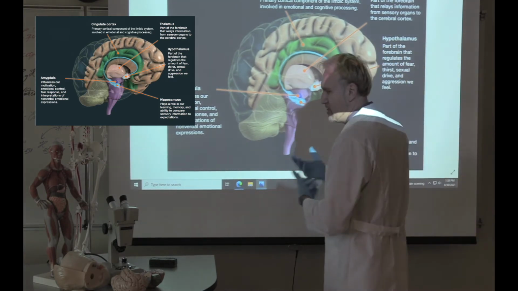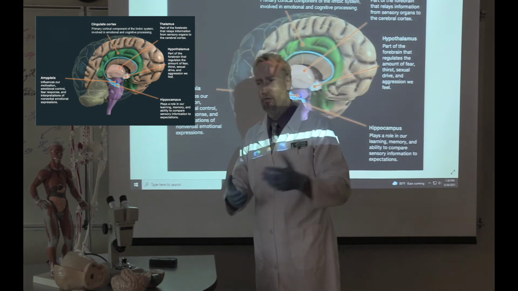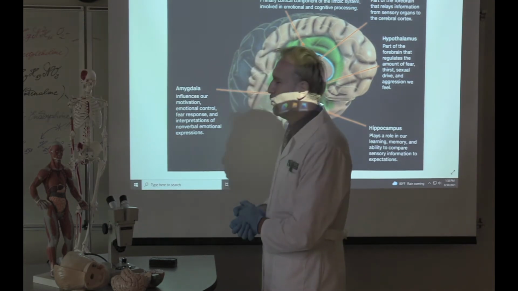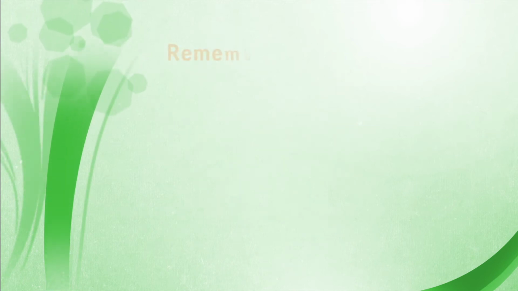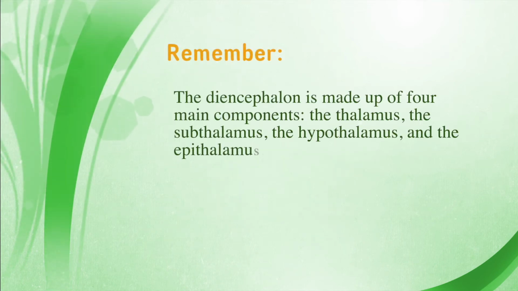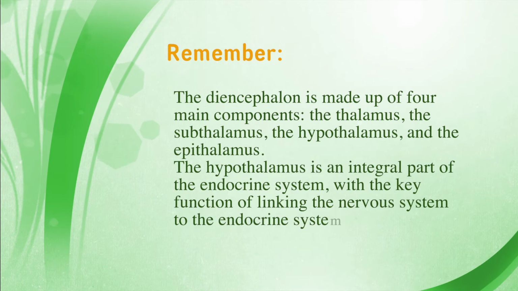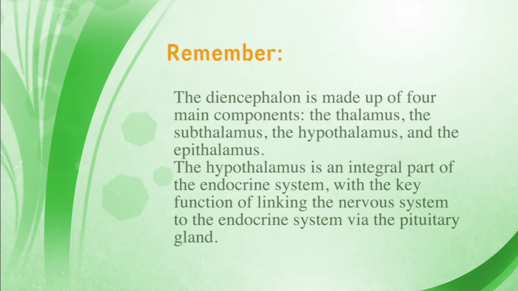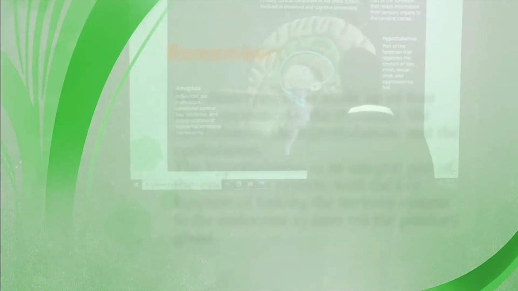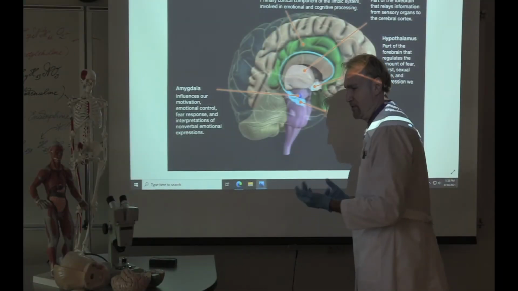And again, this is the intersection which is involved both in emotional processing as well as in cognition. The thalamus, one of the central kings, I would say, of the brain. It's part of the forebrain, as we mentioned multiple times, that relays information from sensory organs to the cerebral cortex.